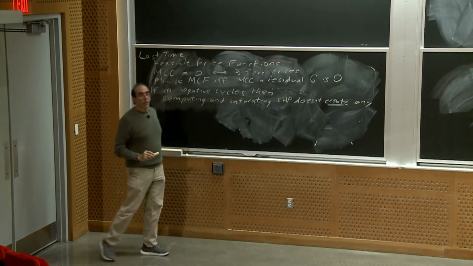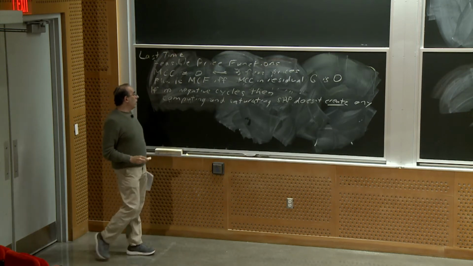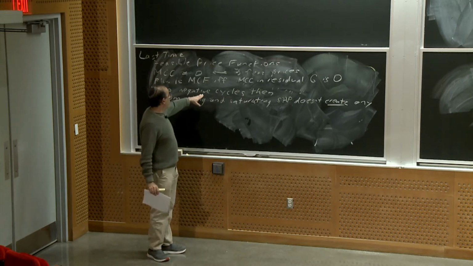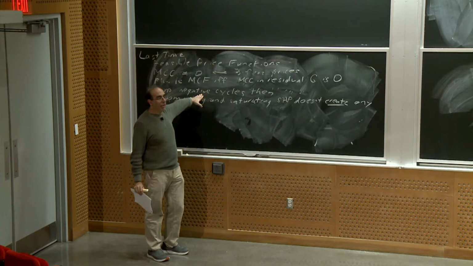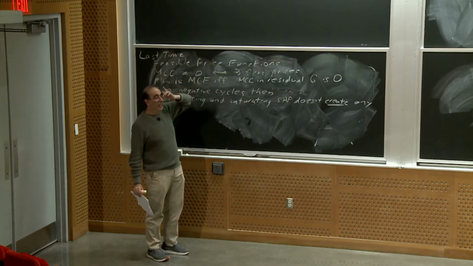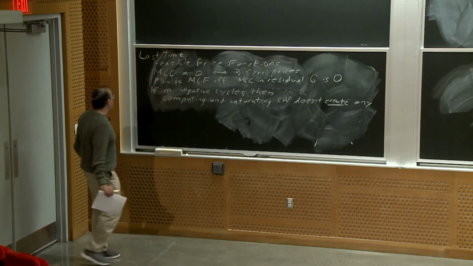Now, if there is a shortest augmenting path, then saturating it doesn't create any negative cycles. The issue with having negative cycles is that if you have negative cycles, there isn't a shortest path, because you can go around that cycle and it can get infinitely short.